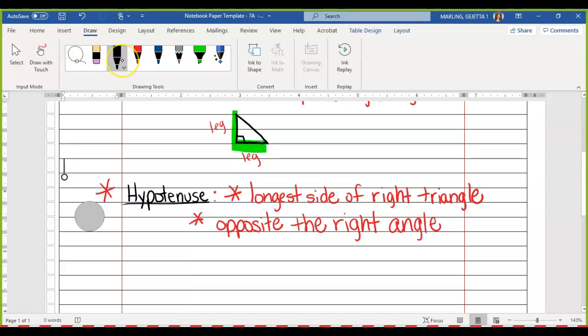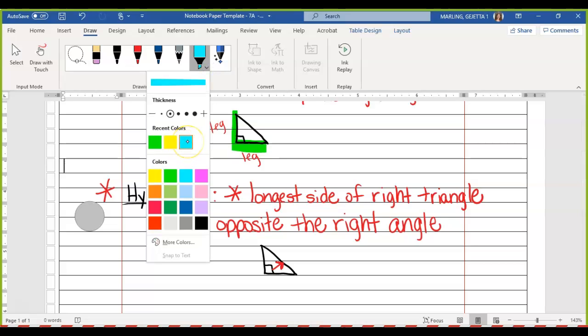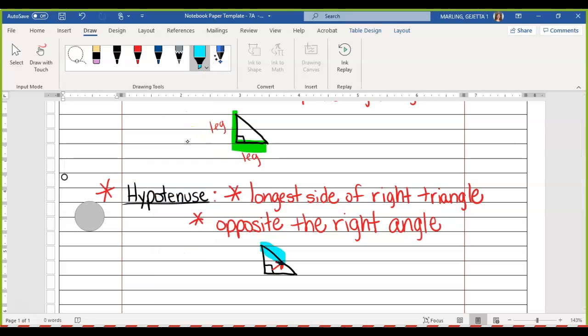So if I had that same right triangle, I look for that right angle and I look for what side is across from it. That side going across is the hypotenuse.